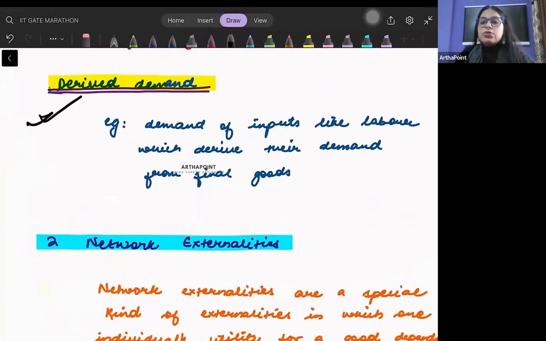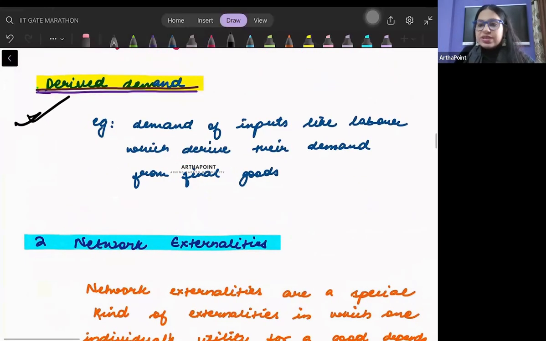Now just talk about derived demand. Derived demand is the demand for things whose demand is derived from something else. For example, inputs have their demand derived from the final goods, right?